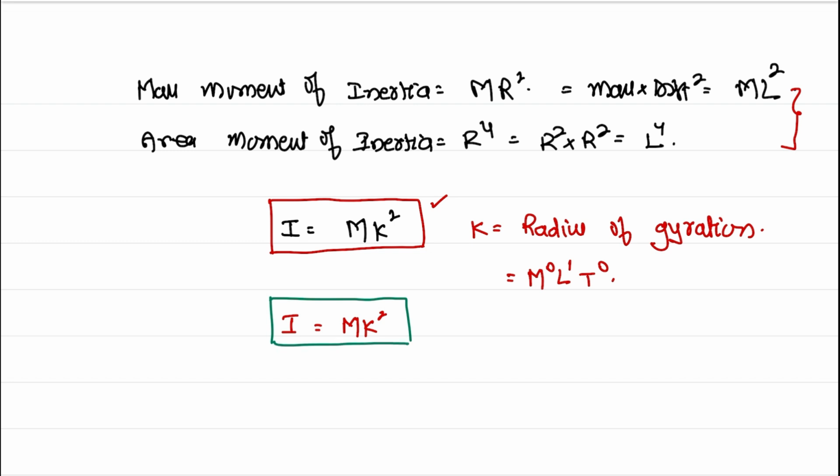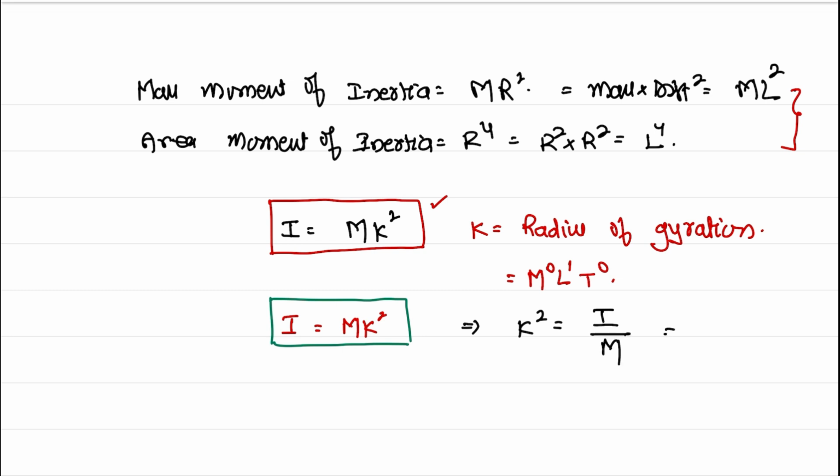Now, from this, what are you going to say? K square is equal to I by m. Do you agree? Then what is the value of k? If you know the moment of inertia of a body and the mass of the body, then you can easily find out the radius of gyration.